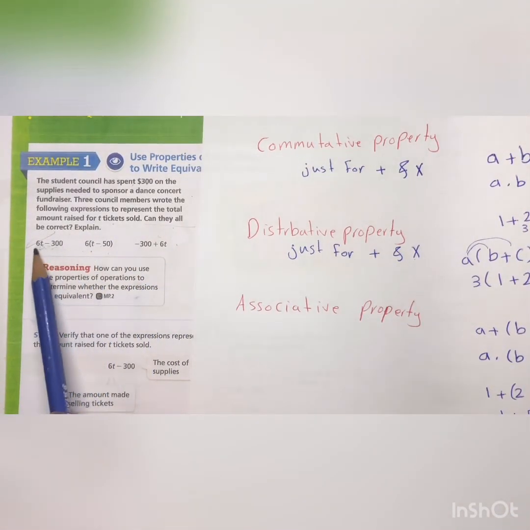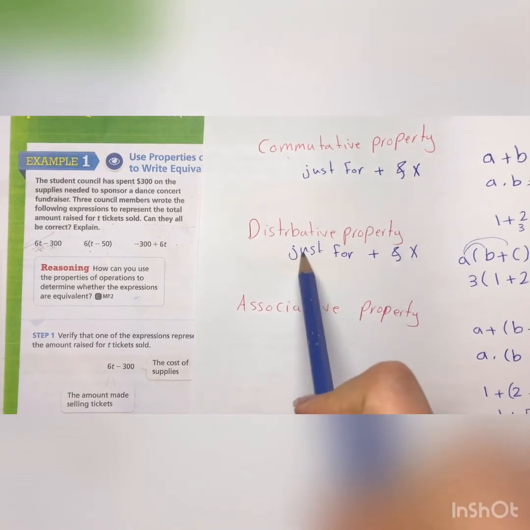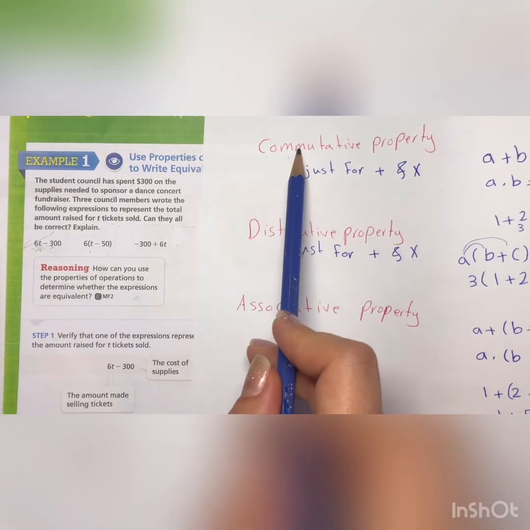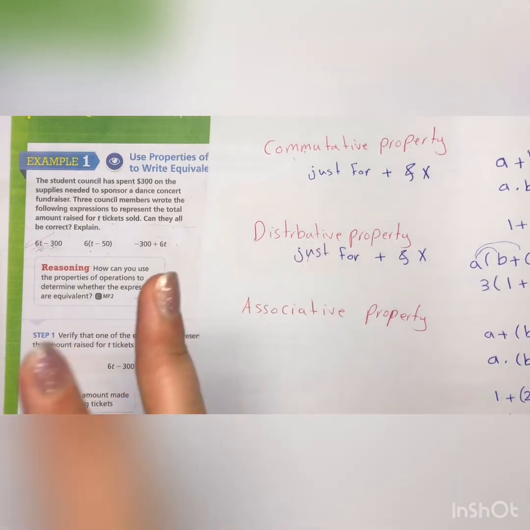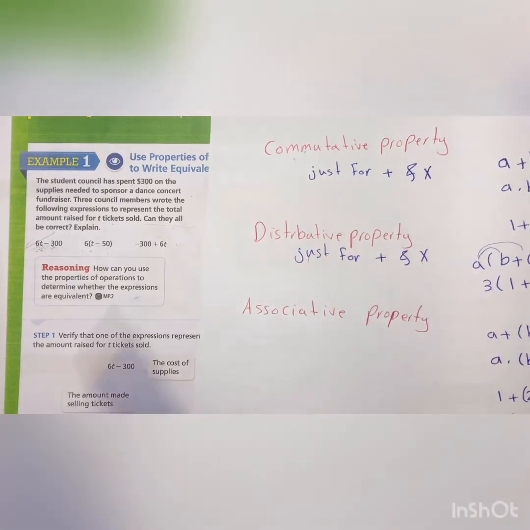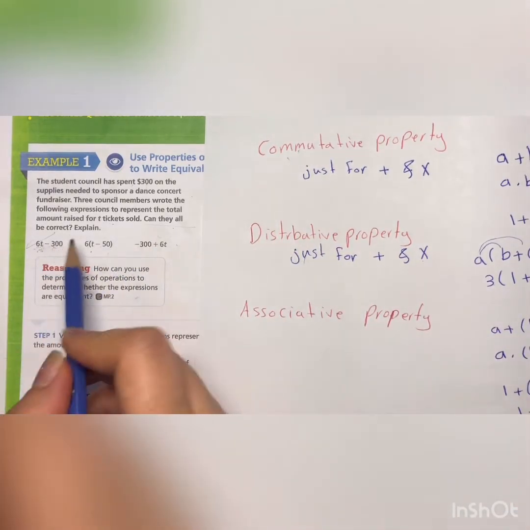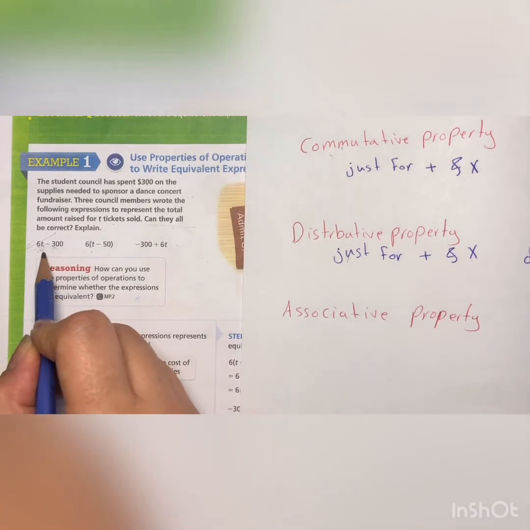For this equation, I can use the commutative property and the distributive property. If I use the commutative property, I told you the commutative property is like this. We will change the place of the terms.